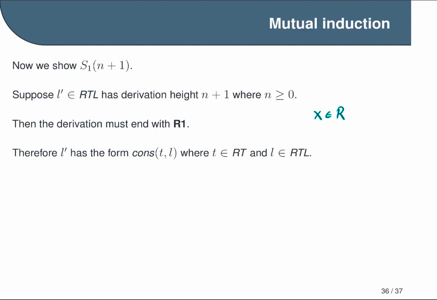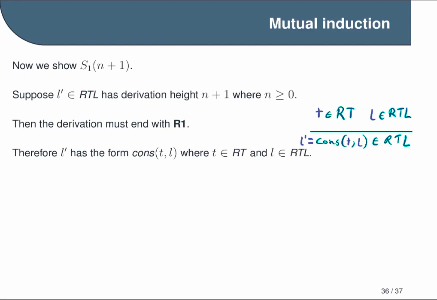And I'm just using T and L here to indicate these are specific elements that we are plugging into our variables x and y to produce cons TL, which is our rooted tree list of height n+1 that we are calling L prime.